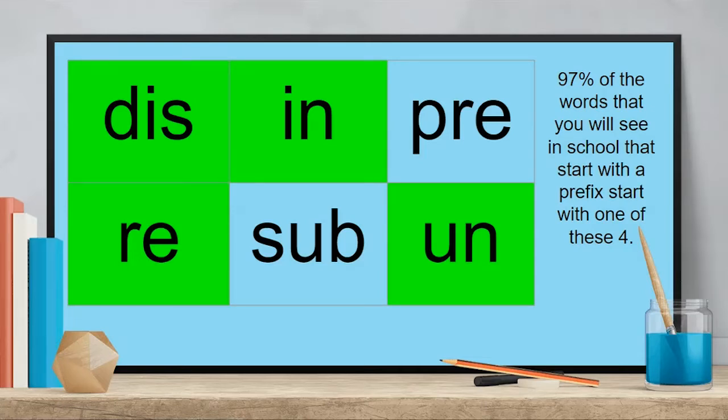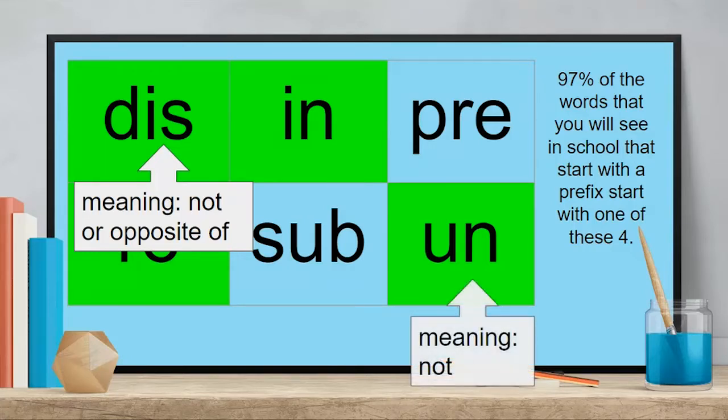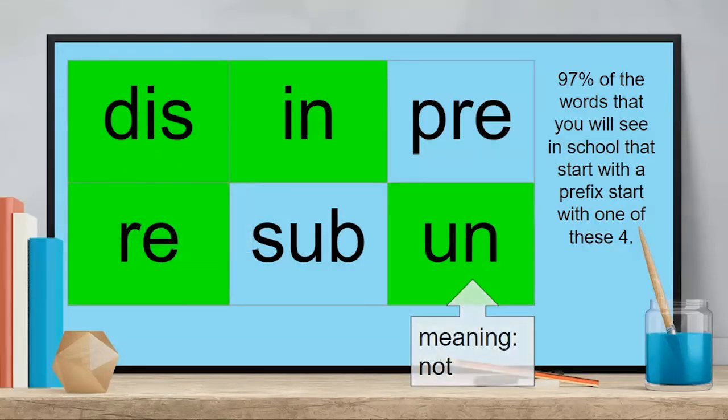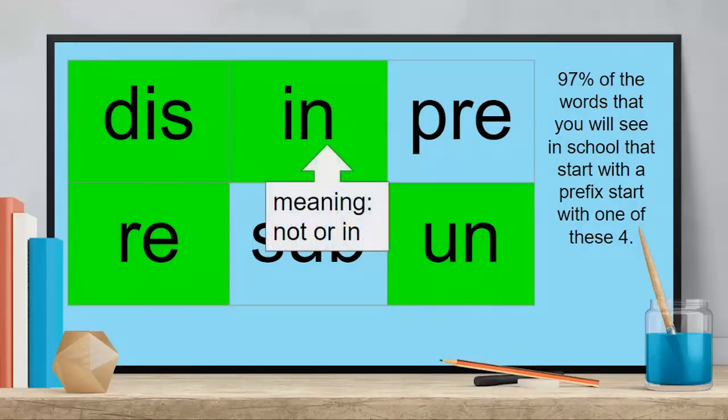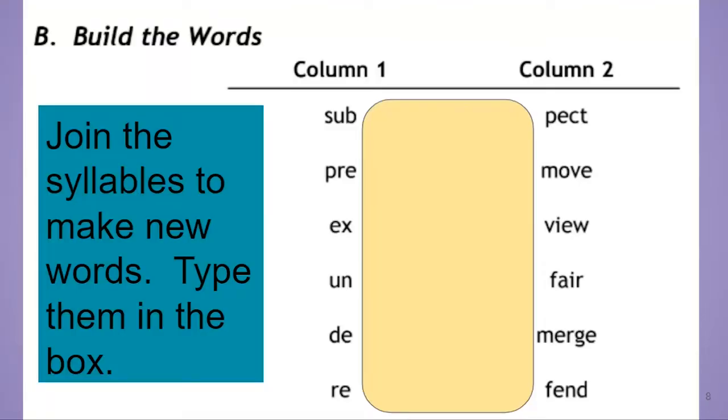So prefixes are a breeze, right? We know their meanings, again, before, not, or the opposite of, not, in, it also can mean not, though, like incomplete, not complete, and then sub is below.